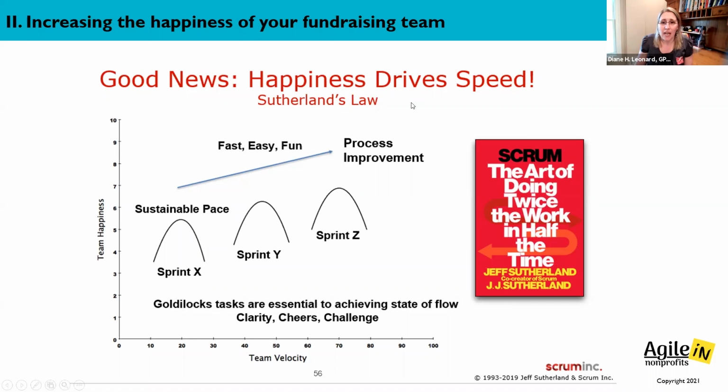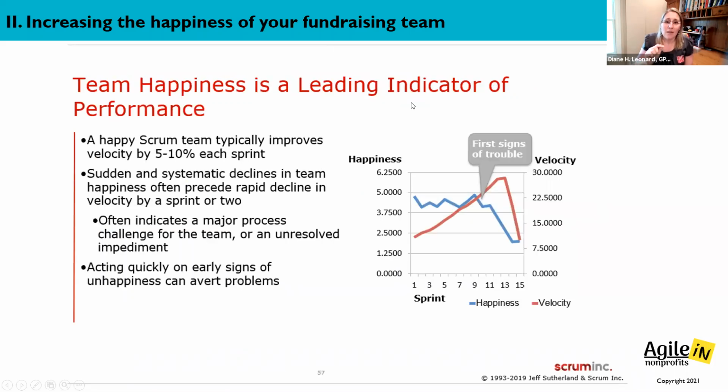On the flip side, team happiness, if we're measuring it, if we're watching it, if we're thinking about it in our fundraising team, it's a leading indicator for performance. So if we're watching happiness and happiness is on the rise, we would know that our productivity as a team for creating that impact together should be on the rise.